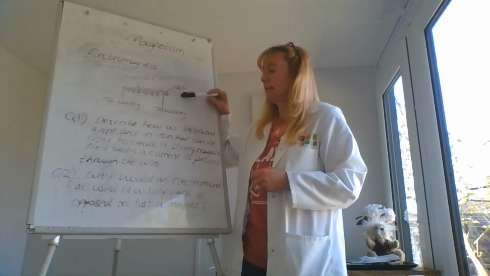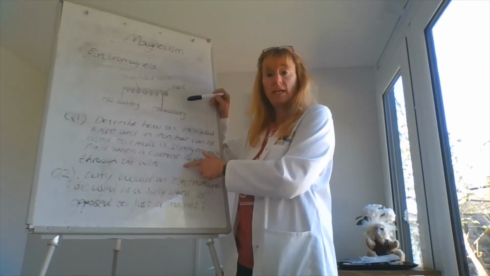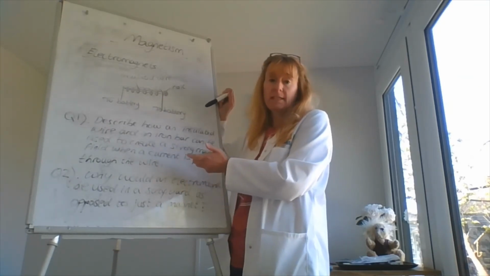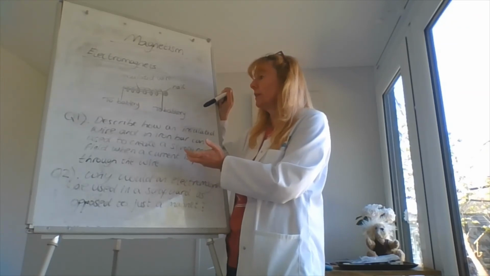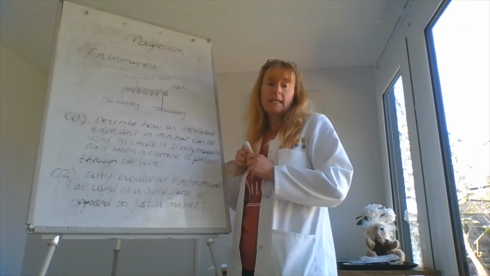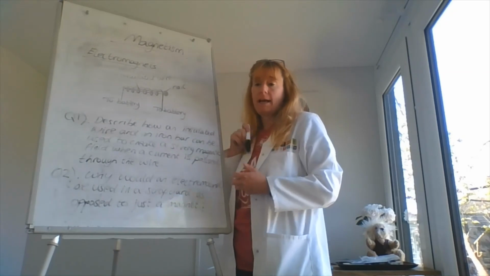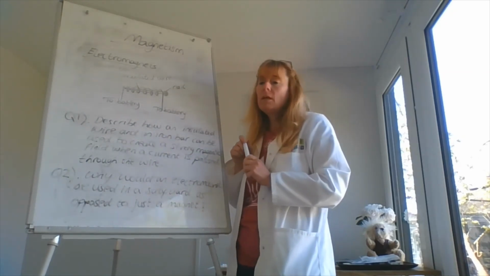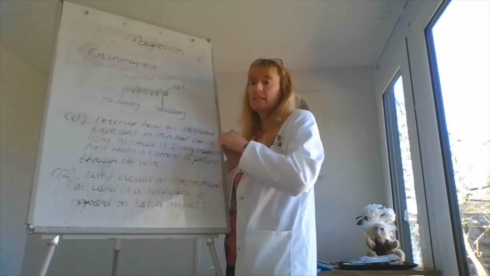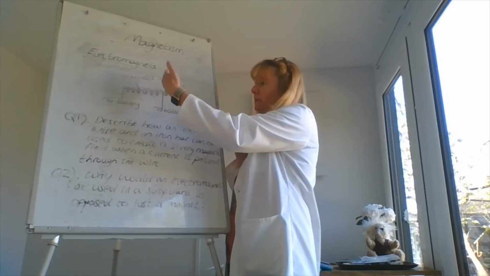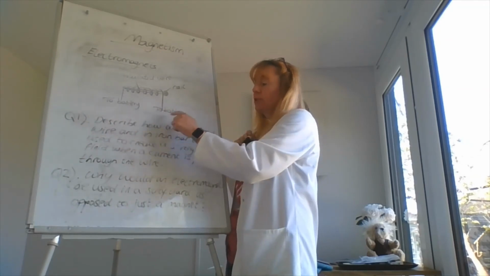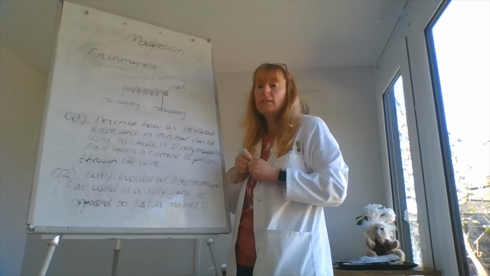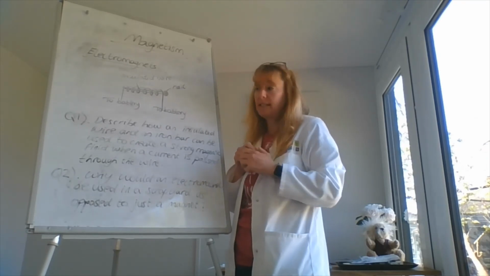So we can use this diagram to help answer this question, because an electromagnet is actually just a solenoid, where the insulated wire is wrapped around an iron core, and in this case the iron core is a nail. When the current passes along the wire, the insulated wire here, so we've got to the battery and to the battery, when the current is passed along that insulated wire, a magnetic field is created.